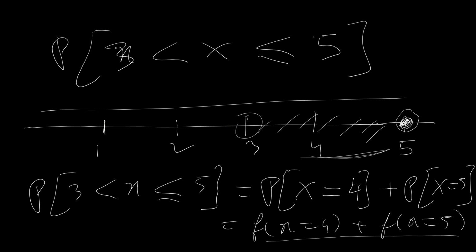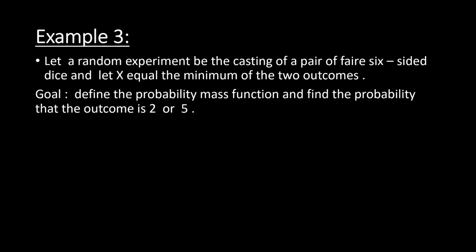Now let us go a little bit down and take another example here. Let a random experiment be the casting of a pair of 6-sided dice, right? Let x equal the minimum of the two outcomes.